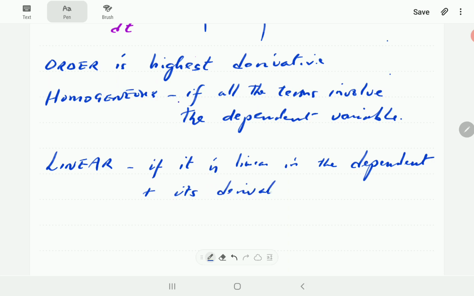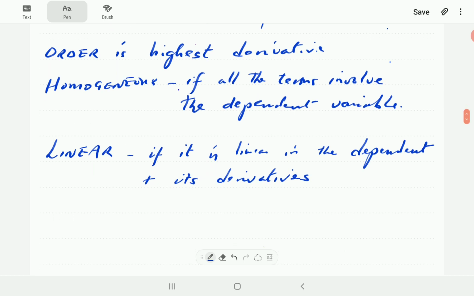What this means is that each of the terms involving the dependent variable occurs to the power 1, or its derivatives to the power 1, and they don't multiply each other, so no dependent variable terms multiply each other.